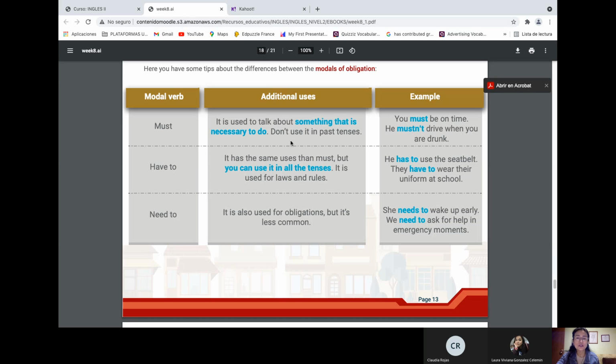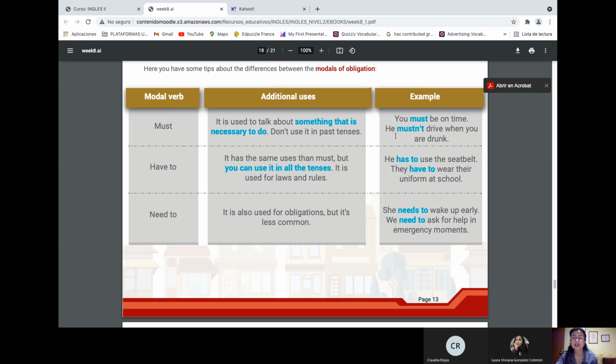You cannot use it in the past tense, only in the present. Maybe you are familiar with this modal. It is used when you want to express your personal obligations in the affirmative way, the things that you need to do. Laura Viviana, can you please read the examples that you can see here on the chart?